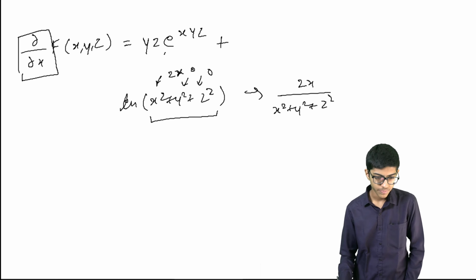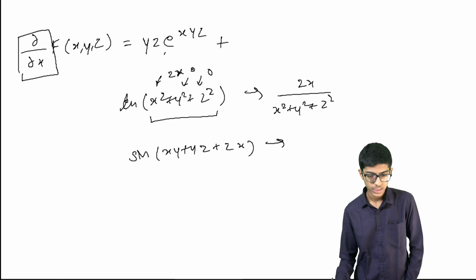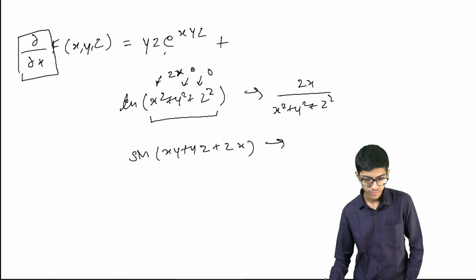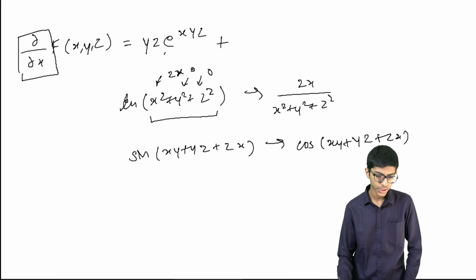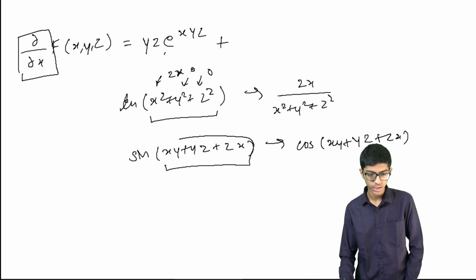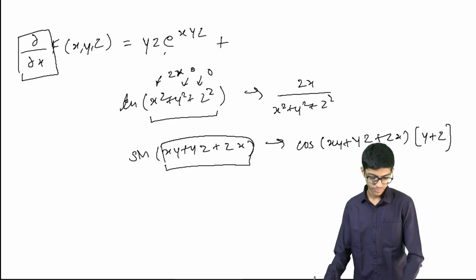For the part sin of xy plus yz plus zx, we have cos of xy plus yz plus zx, and then the partial derivative of this part with respect to x, and that gives us y plus z.